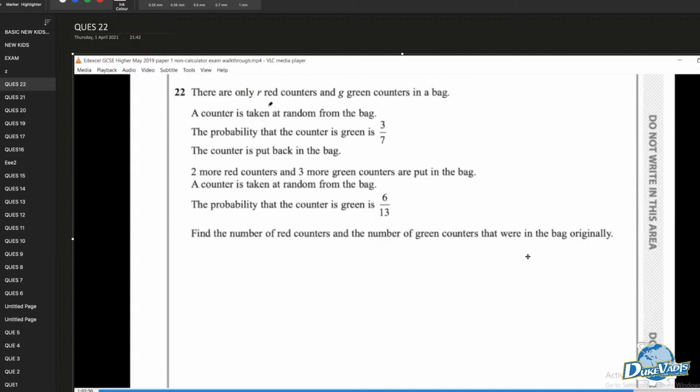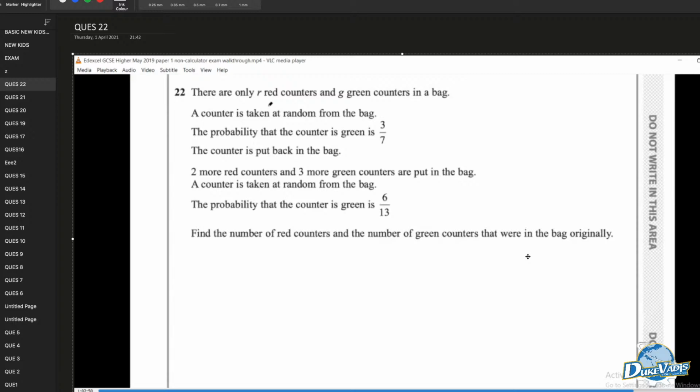A counter is taken at random from the bag. The probability that the counter is green is 3/7.